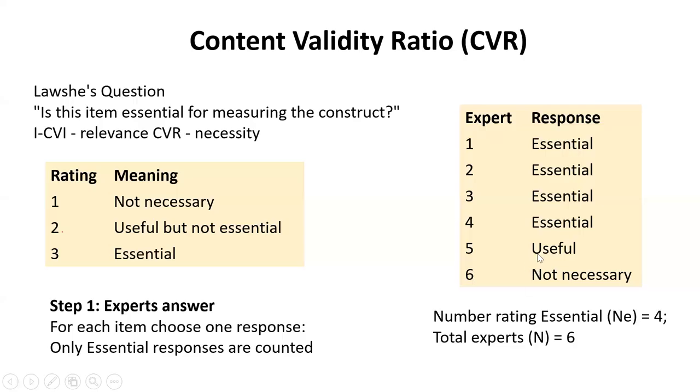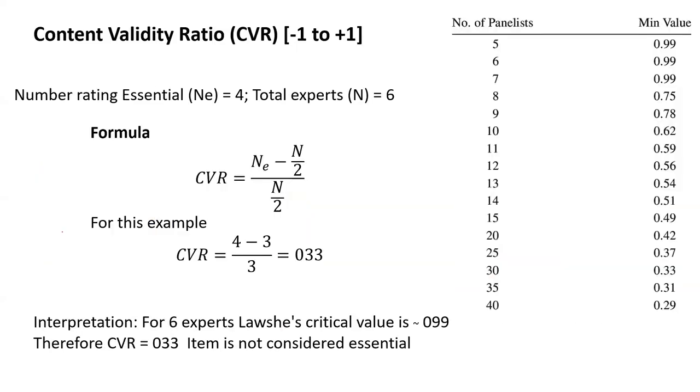One says that it is useful but not essential, and another says it is not necessary. So the number who are rating it essential are 4, and the total experts are 6. So these two numbers are needed to calculate content validity ratio. That is, how many experts are saying it is essential and how many total experts are included in your panel.